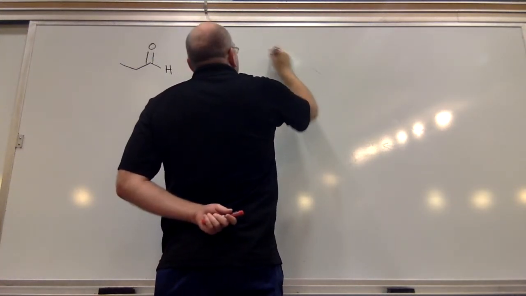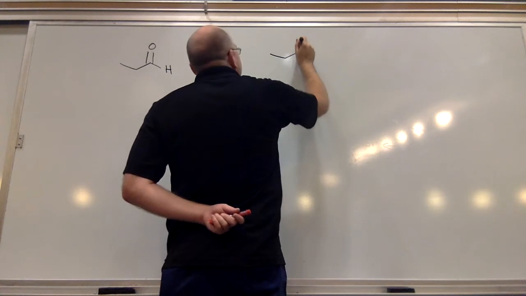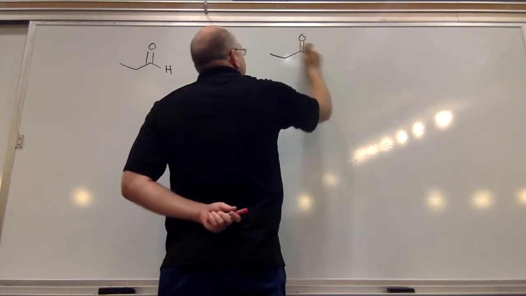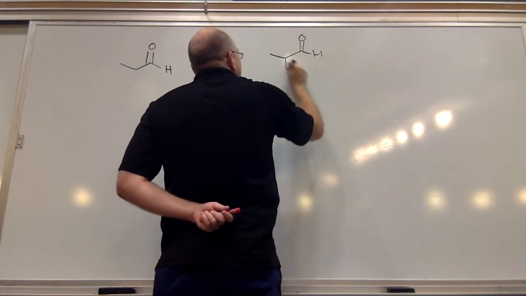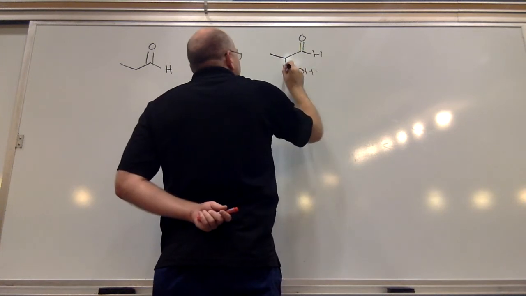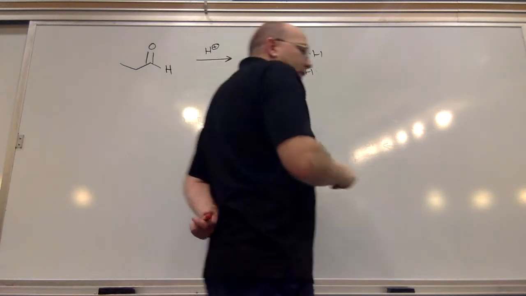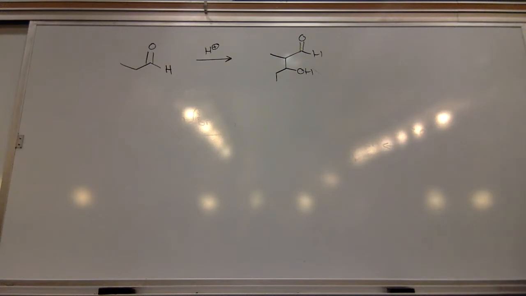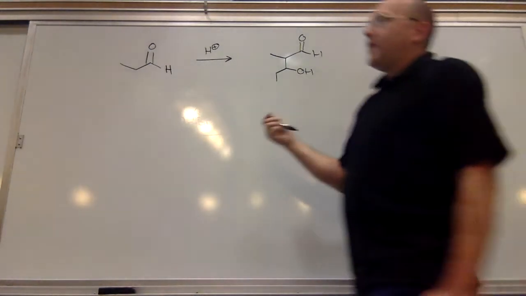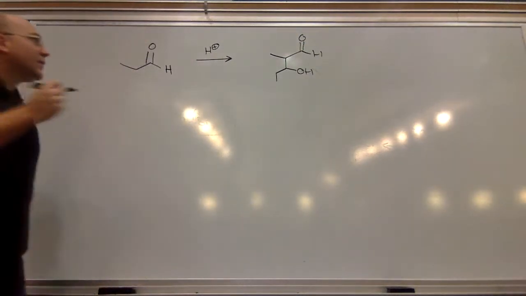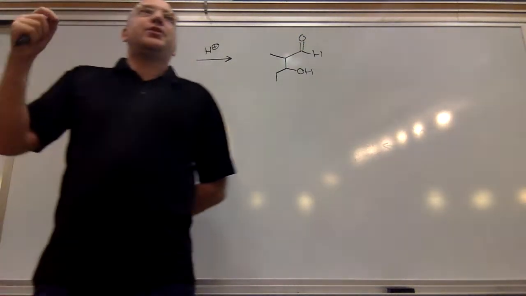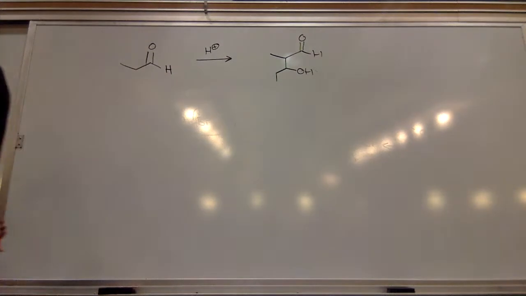And one of the basically classic examples of acid-mediated chemistry is something called an aldol reaction. As we'll see, aldol chemistry can be carried out, I'm just going to start with it under acidic conditions.